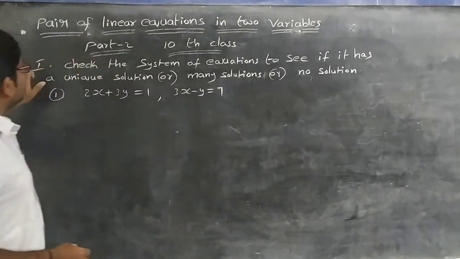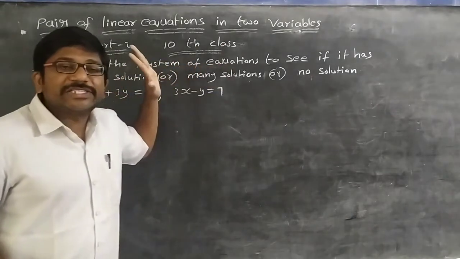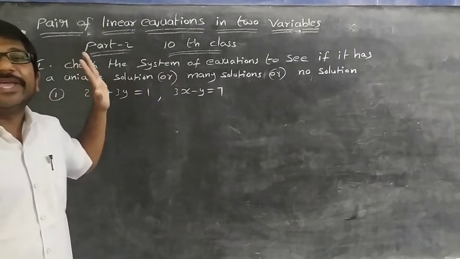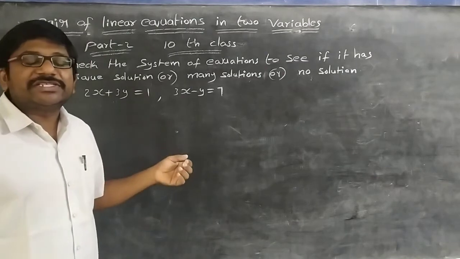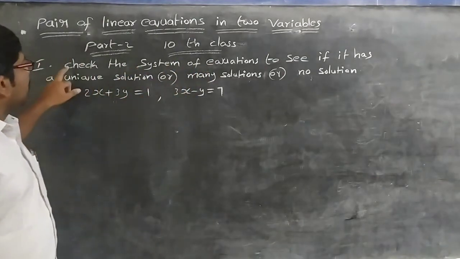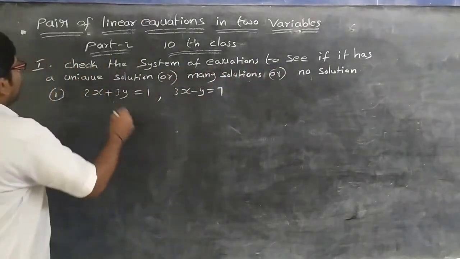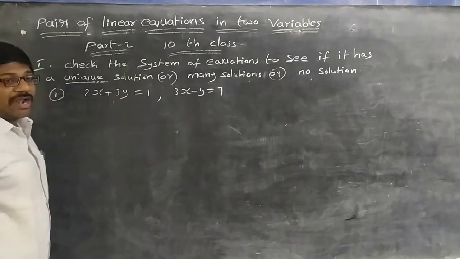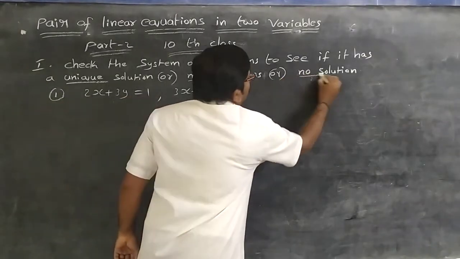See the first question. Check the system of equations. System of equations means pair of linear equations, right? So a pair of linear equations is also known as a system of equations. Check the system of equations to see if it has a unique solution, many solutions, or no solutions.